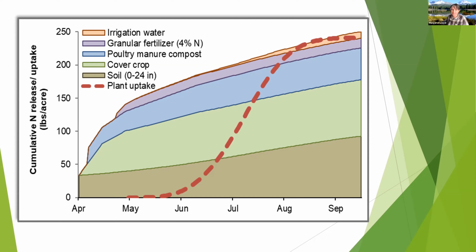This here is a conceptual figure that we designed using data from multiple studies from the Geisseler lab to illustrate the relative contributions of the multiple nitrogen sources in a summer growing scenario in Yolo County.